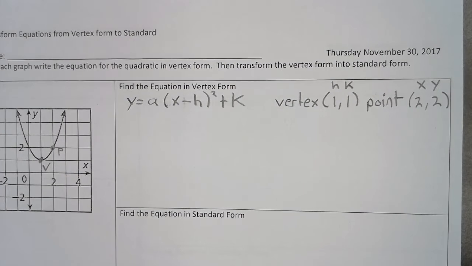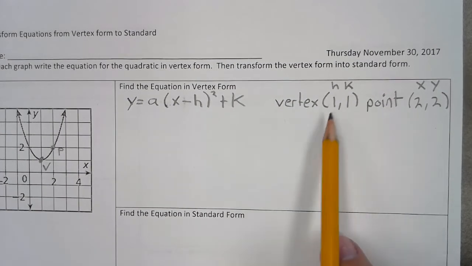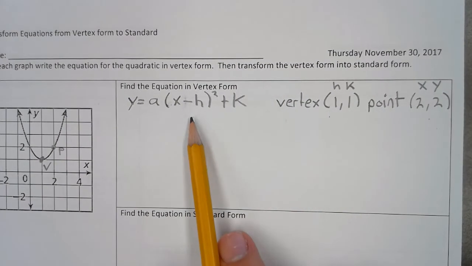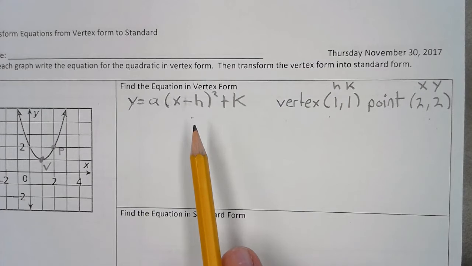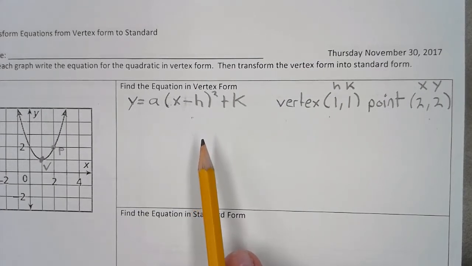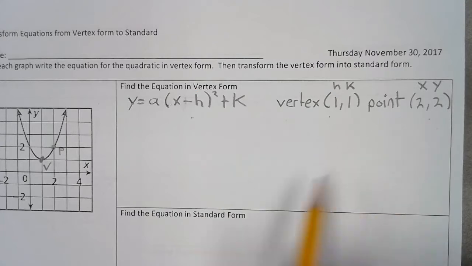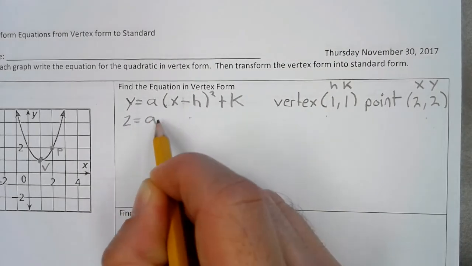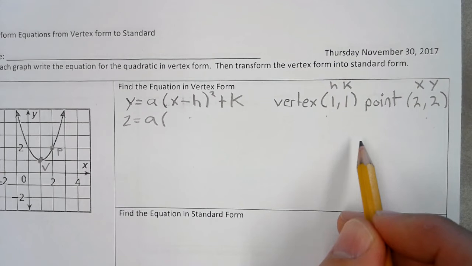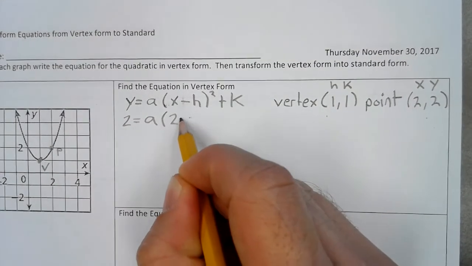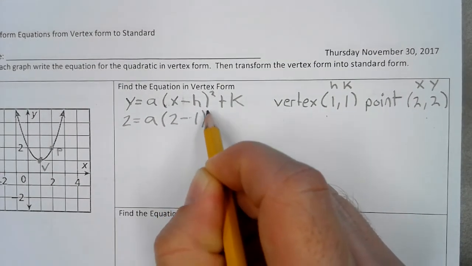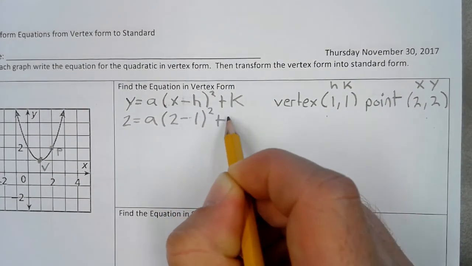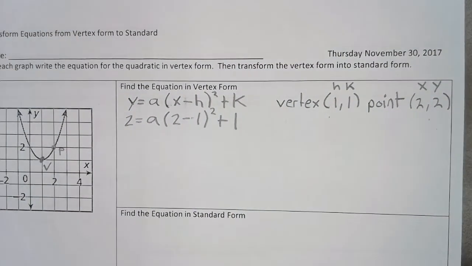All right, so the next part is we're going to substitute the vertex and the point into the equation. That's step 3, sorry. So 2 equals a times (2, which is x, minus 1, which is h) squared plus 1, which is k.